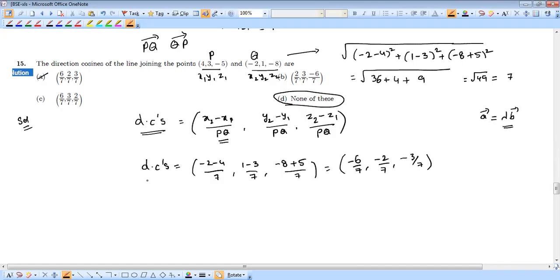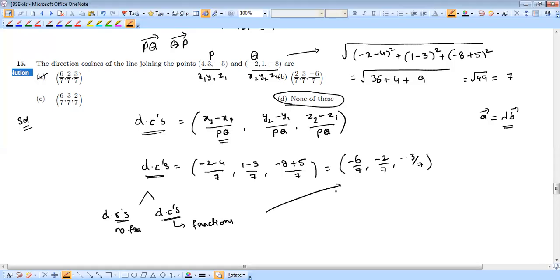And one more thing while doing direction cosines, children, many of them make mistakes with direction ratios and direction cosines. Remember a shortcut: direction ratios. Ratios in the sense fractions, but here there are no fractions. Direction cosines will be in the form of fractions.